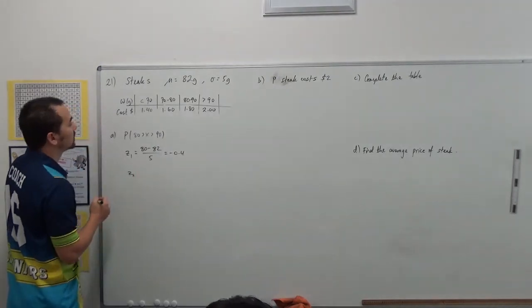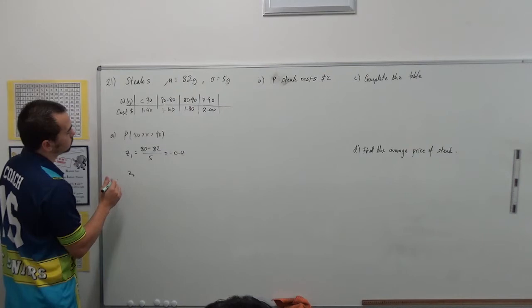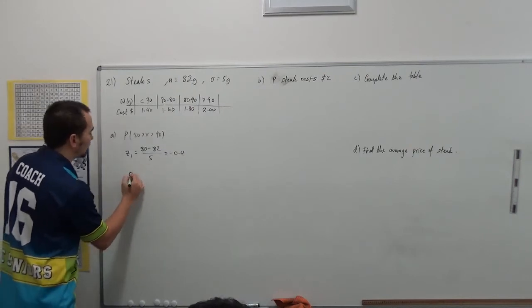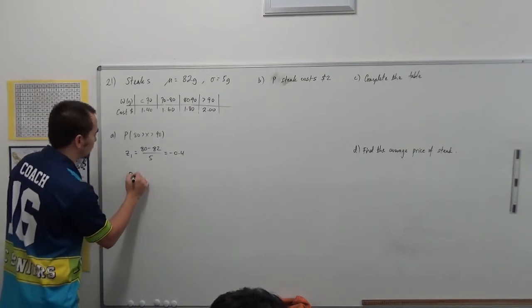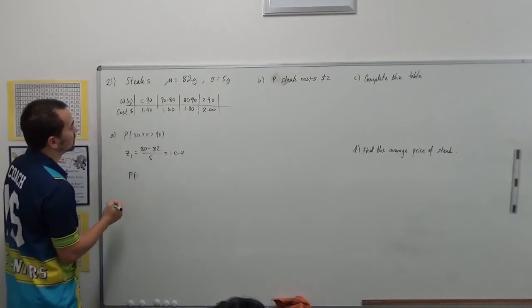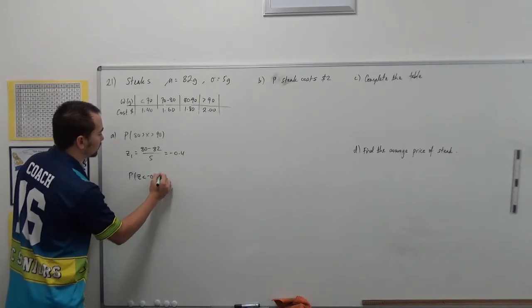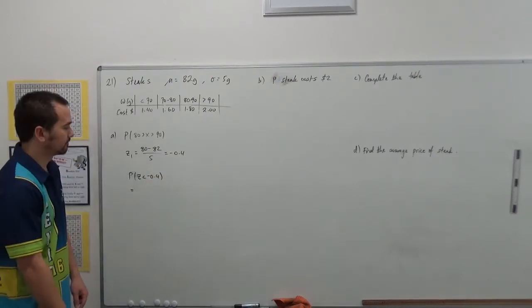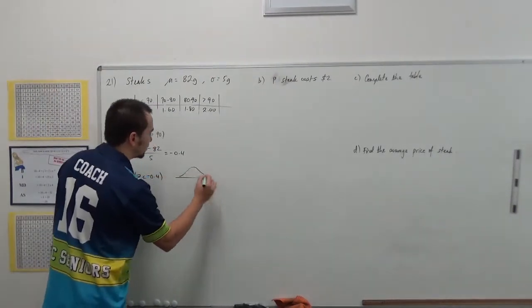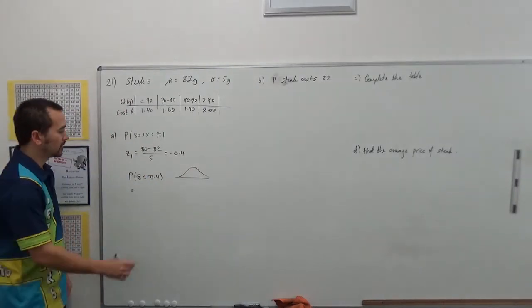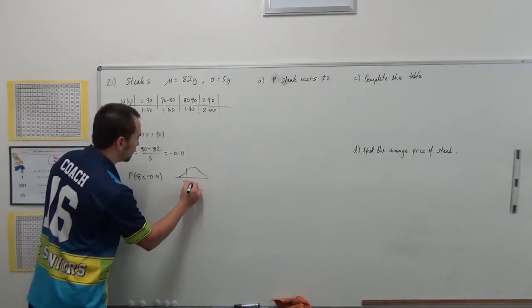Let's find the probability that z is less than negative 0.4. We need our little diagram. Here is negative 0.4.